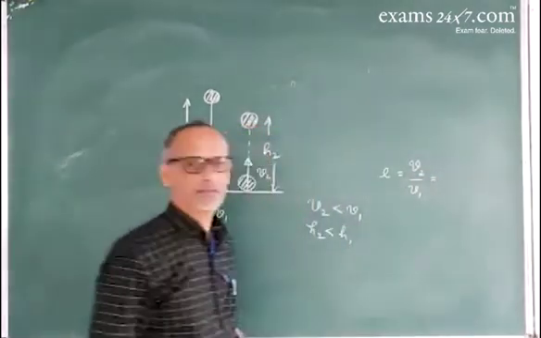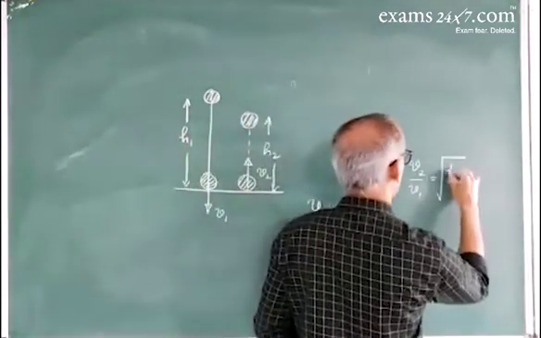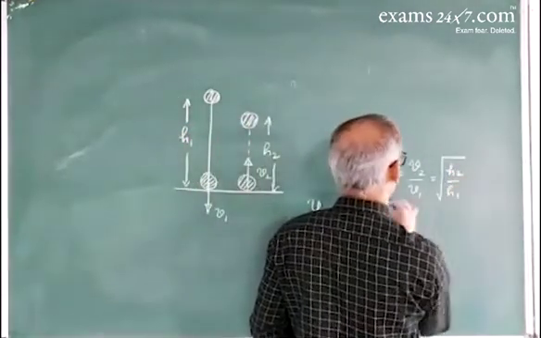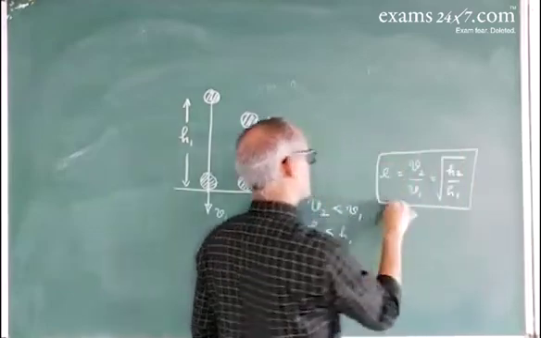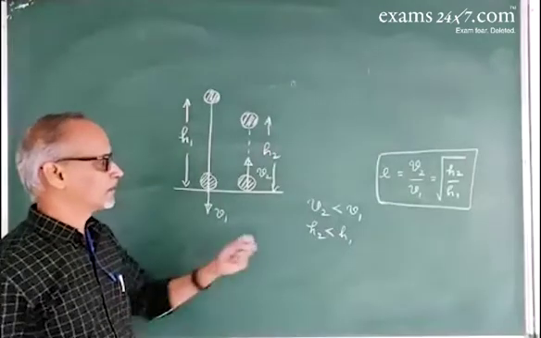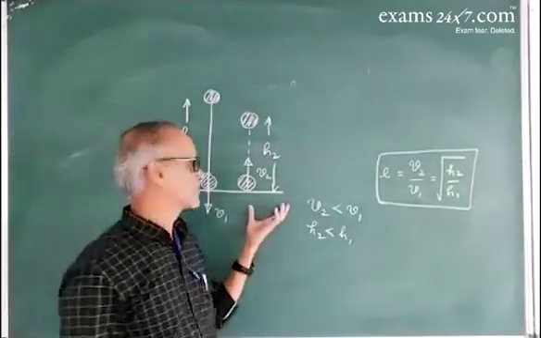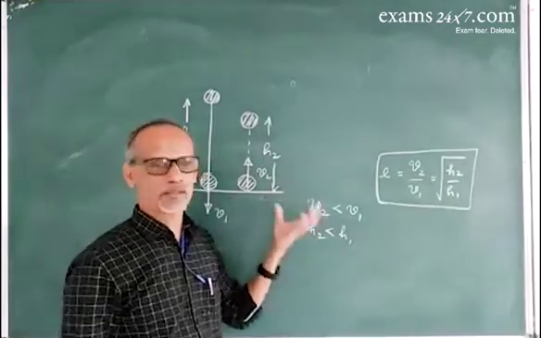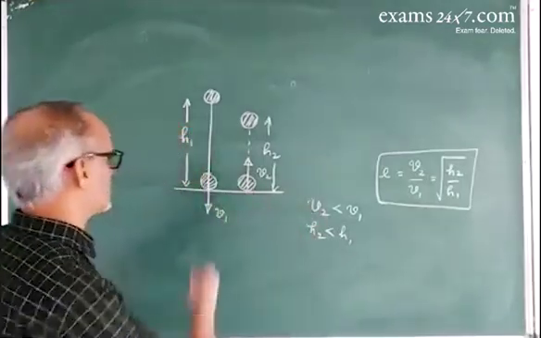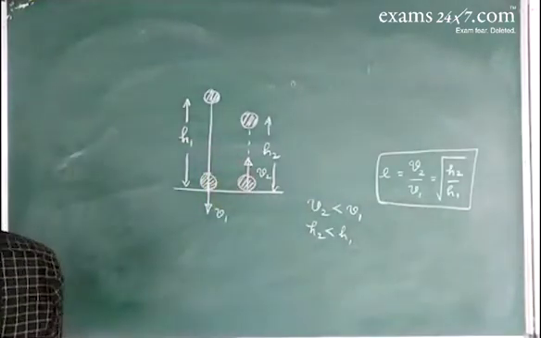But since V is proportional to root of H, it is also equal to root of H2 by H1. So the ratio of the velocities or the ratio of the heights is used in finding the coefficient of restitution in the case of inelastic collision, because here there is a loss of energy once the ball strikes the ground.